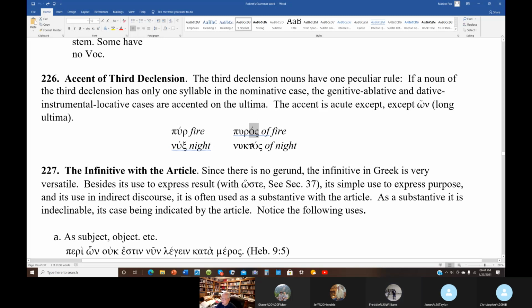Now see, so there's your os ending. So tell me what the stem is on this one. What four letters are on the stem? Someone help me. Nu, upsilon, kappa, tau. That's your stem. So now I'm going to highlight the stem. That's the stem, that which goes right before the os ending in the genitive case form.